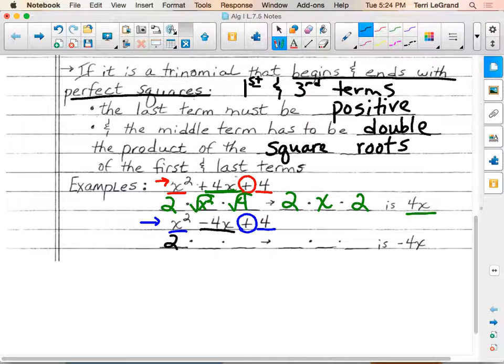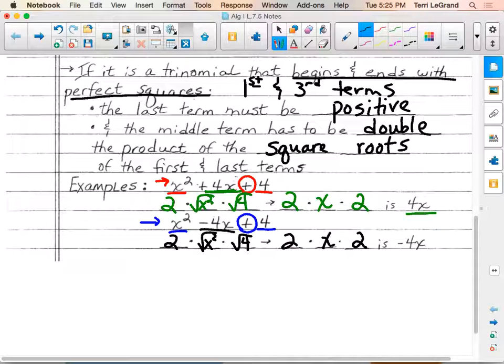We double the square root of the first term times the square root of the last term. So 2 times the square root of x squared is x, the square root of 4 is 2. But notice, we get the same thing, we get 4x, not negative 4x.